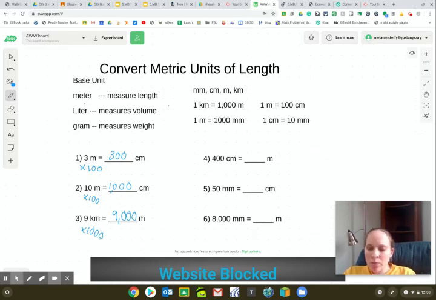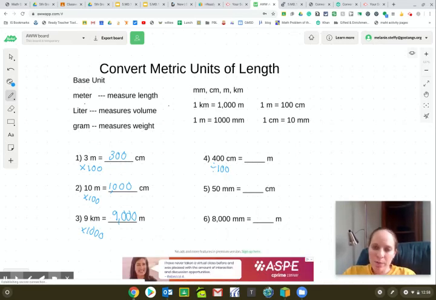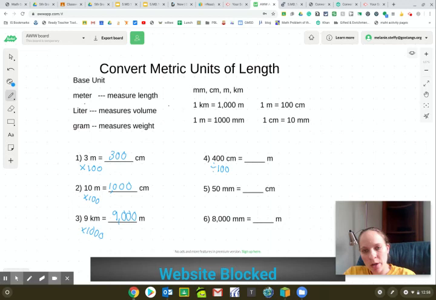So I want to put my 400 centimeters into groups of 100 to figure out how many meters that is. In order to do that, I need to divide by 100 to put them in groups of 100. And 400 divided by 100 gives me 4 meters. So 4 meters is equal to 400 centimeters.